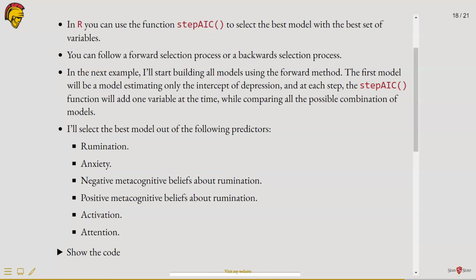So that's why my friend and I took this scale called negative metacognitive beliefs about rumination. I didn't create that one. Somebody else did it. It was some clinicians in England. And they also created the positive metacognitive beliefs about rumination. So it was evaluating negative and positive beliefs about rumination.